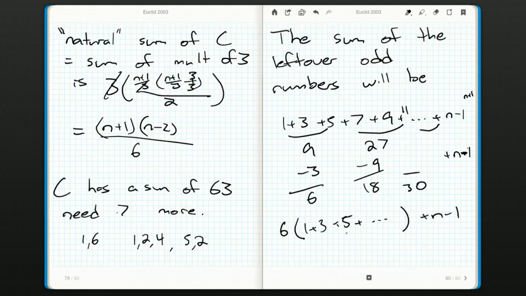Well, it's how many multiples of 3 we've got. So that'll be n minus 2 over 3. 2 times that plus 1, right? So then it'll be (n minus 2 over 3) squared.